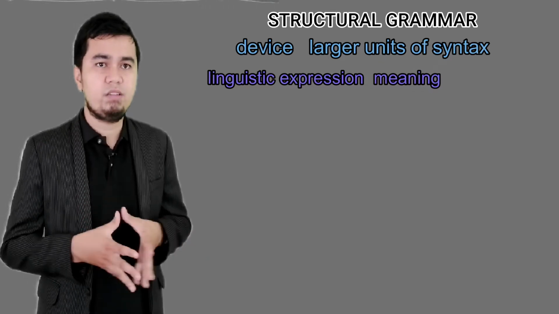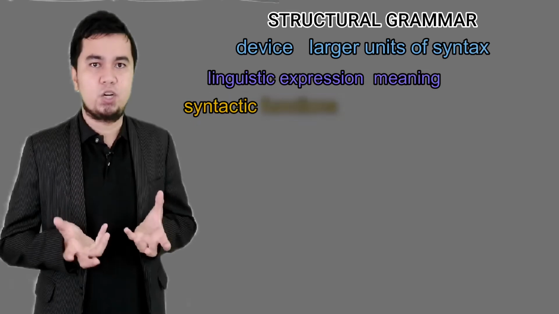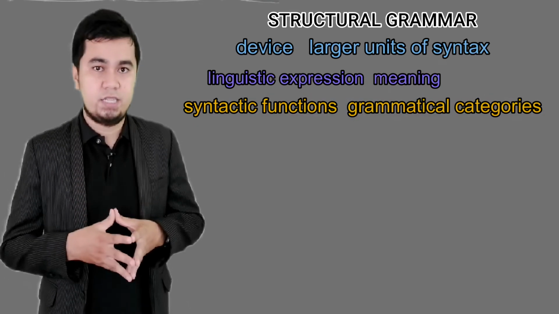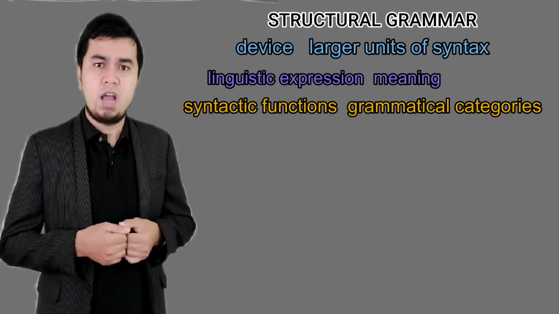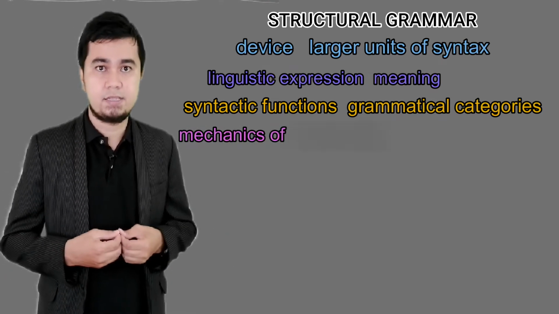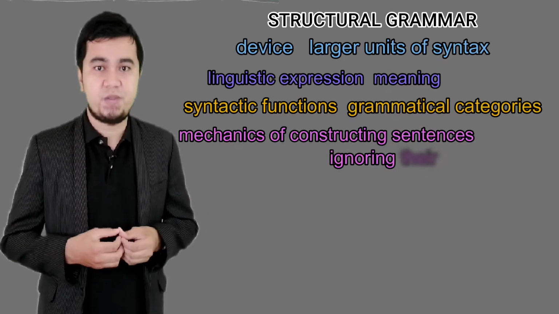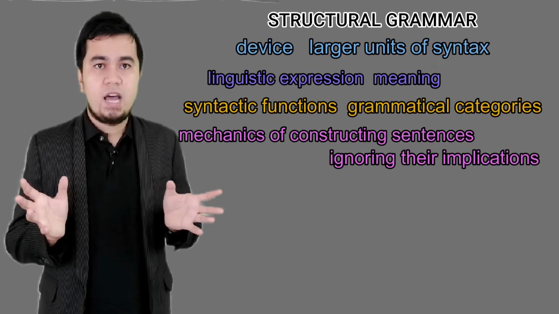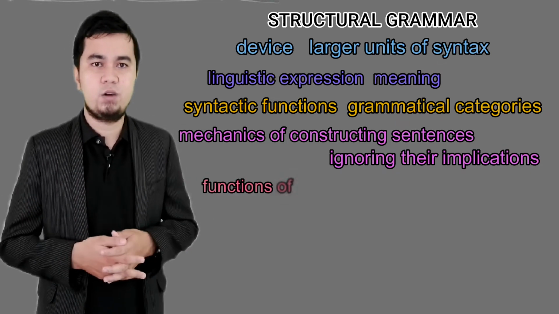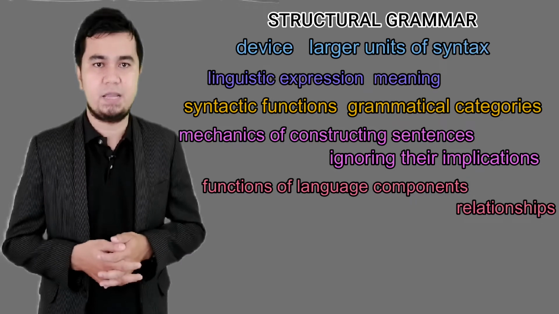We define linguistic expressions in terms of their syntactic functions, and also grammatical categories. Our focus here is on the mechanics of constructing sentences, and we ignore their implications in actual speech. So it emphasizes and explains the functions of language components and their relationships, without reference to meaning.